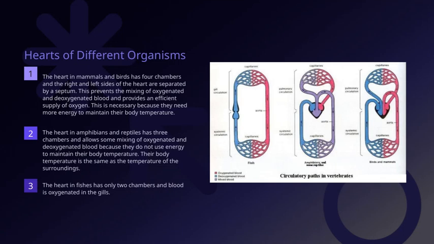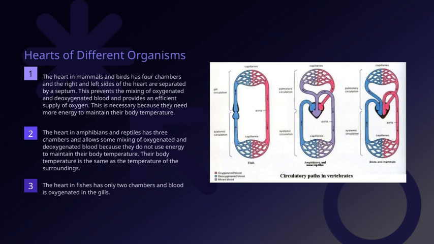Let's take a look at how hearts differ across various organisms. Starting with fish, their hearts are quite simple, having only 2 chambers. Because of this, blood gets oxygenated directly in the gills, which is efficient for their aquatic life. Moving on to amphibians and reptiles, their hearts have 3 chambers.